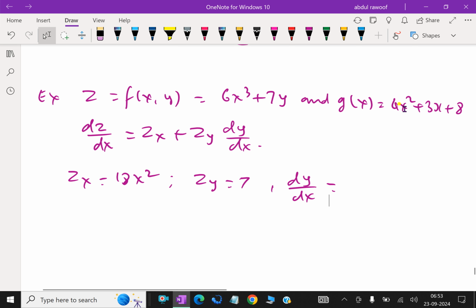Here we have to differentiate because y is only in terms of x. So dy by dx is 8x plus 3.